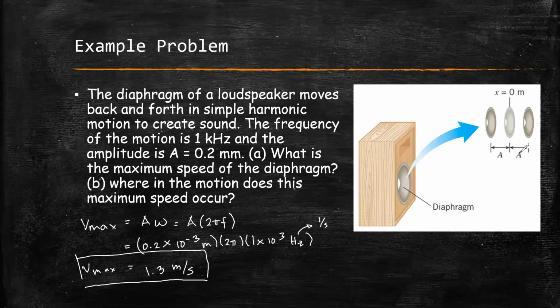Therefore, in between positive A and negative A, where does the maximum speed occur? In the midway of the range. Therefore, the maximum speed occurs at x equal to 0 meter.